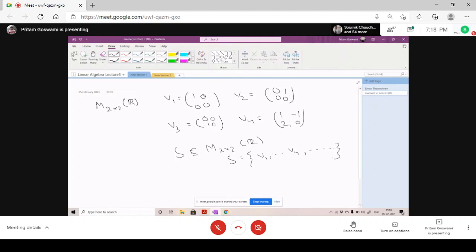You can write V1 minus V2 plus 2V3 minus V4 equals 0. And here not all scalars are 0. So that's why they're linearly dependent.